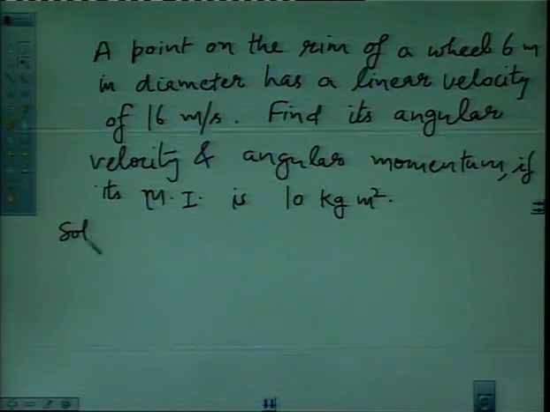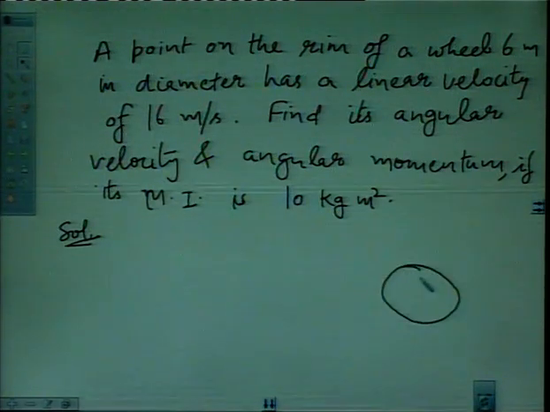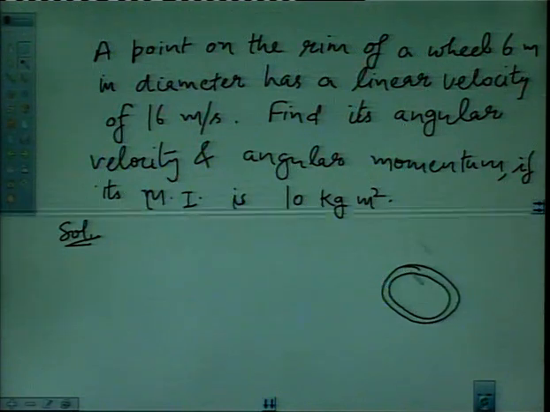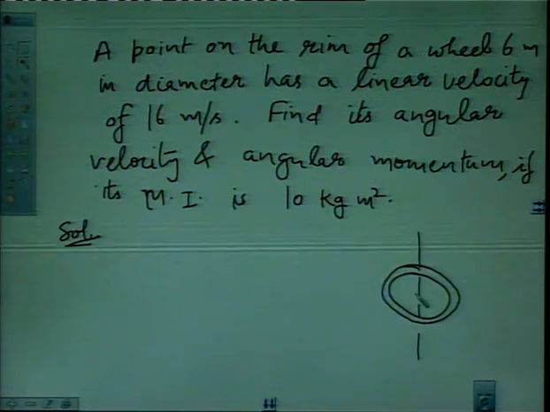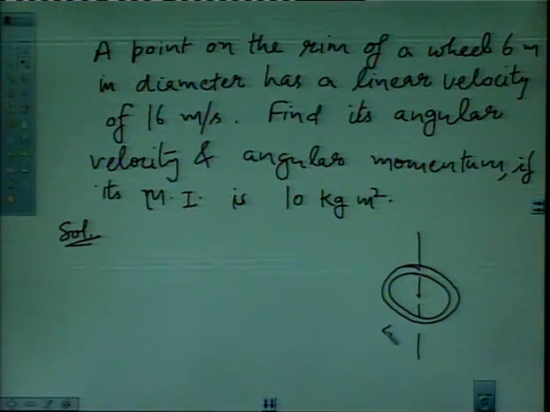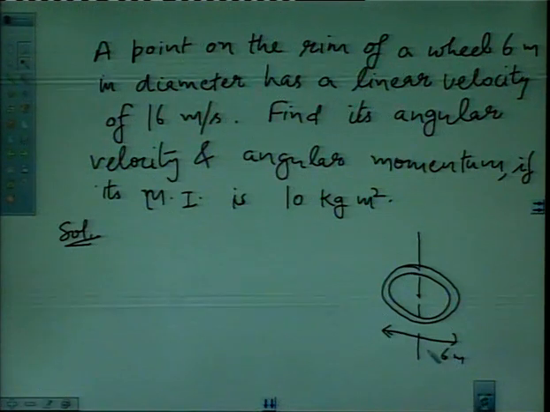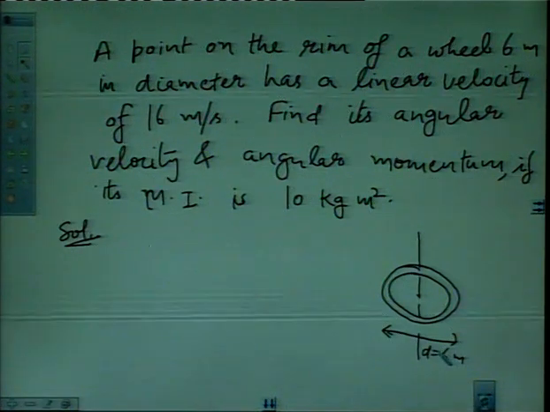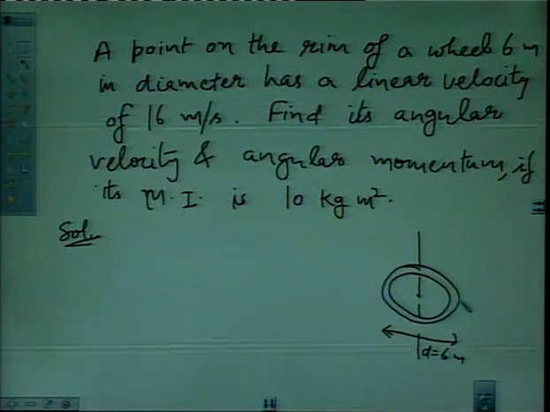So, its solution is, here we have a wheel which is rotating about an axis passing through its center. We have given its diameter 6 meter, this is diameter. Now, we have to find its linear velocity at this point.